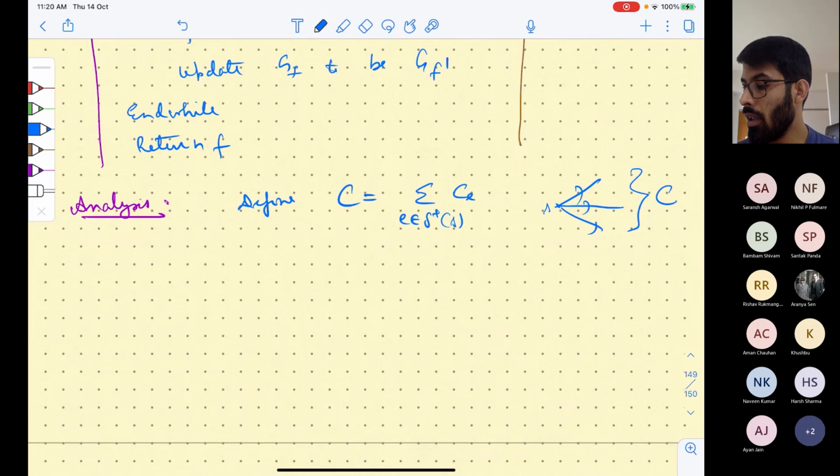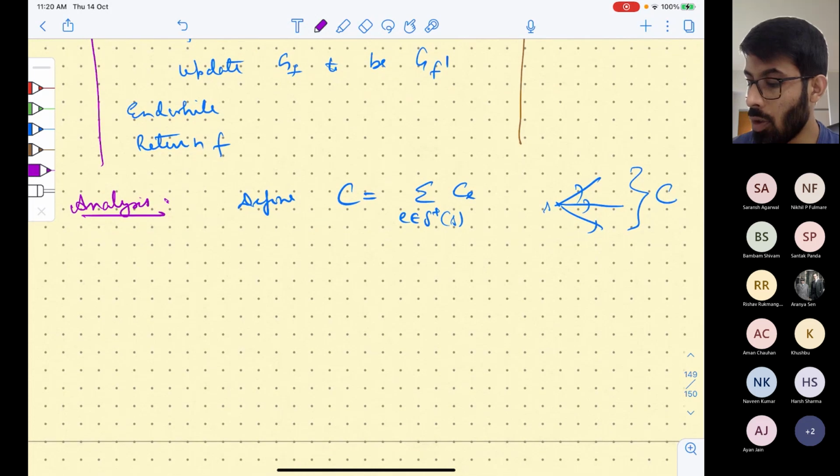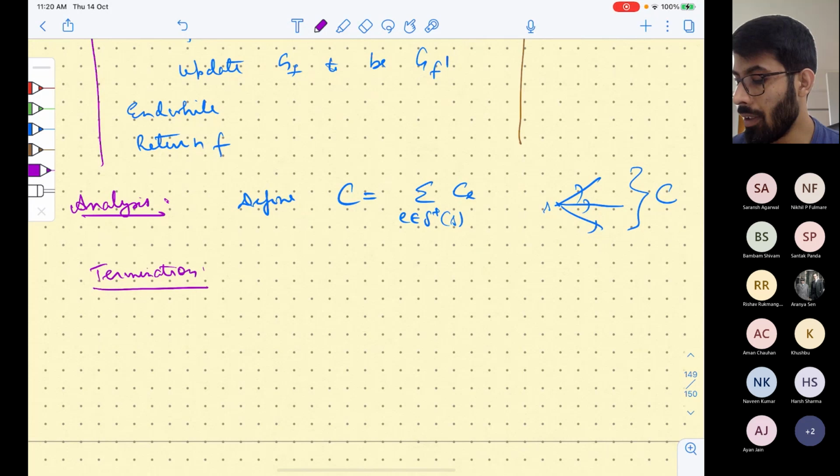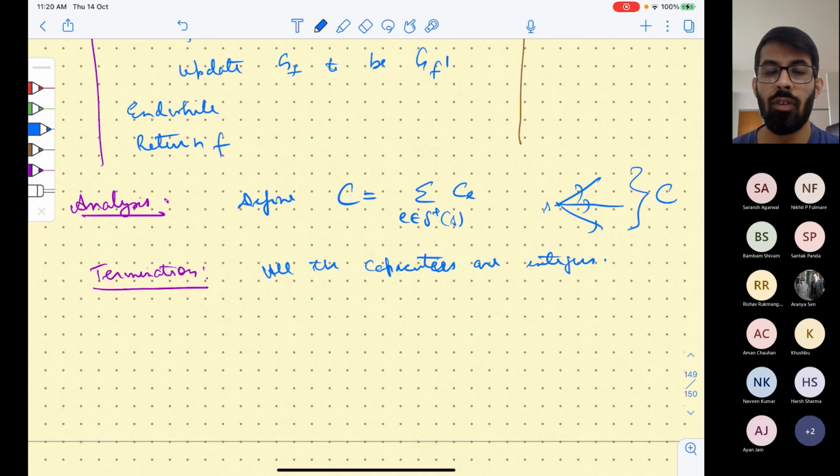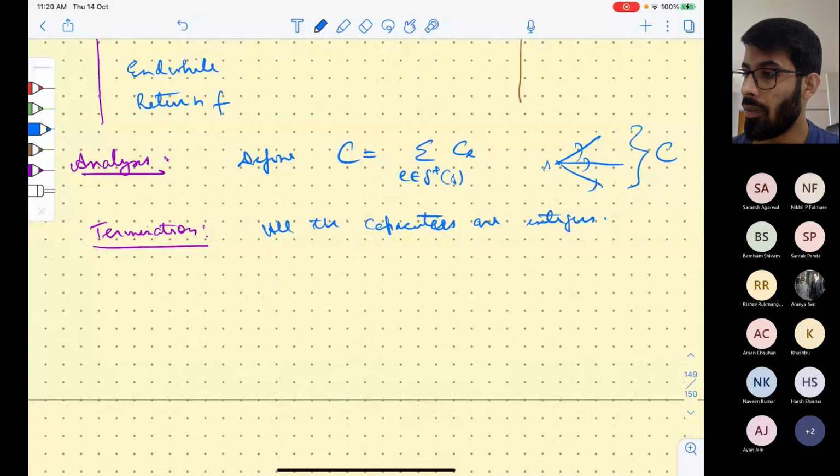So let's first talk about termination. Can someone say why this algorithm will terminate? We'll use that all the capacities are integers. Why should this terminate?